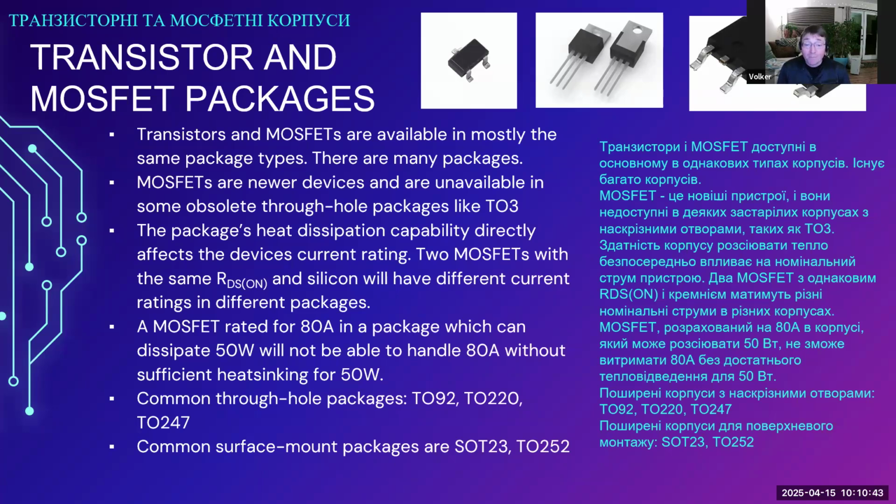Because, for example, I've seen motor drivers with 6 MOSFETs, 3 half bridges, on a tiny, tiny circuit board. And the MOSFETs are the ones that you can see in the upper right-hand corner in a TO252 package. The package would be able to dissipate 50 watts or more of waste power that would occur if you use the MOSFET at its rated power.